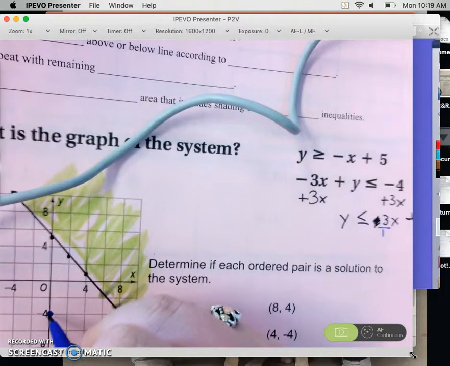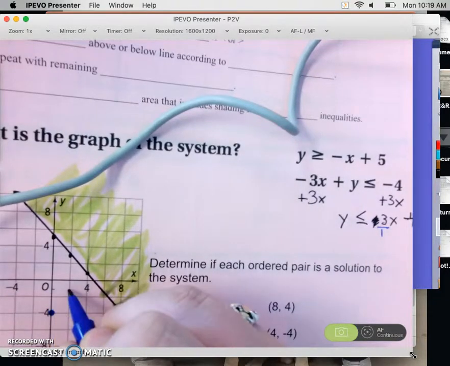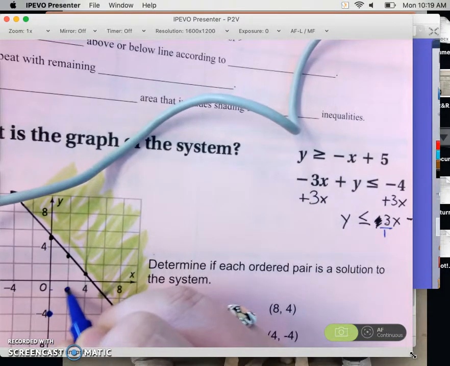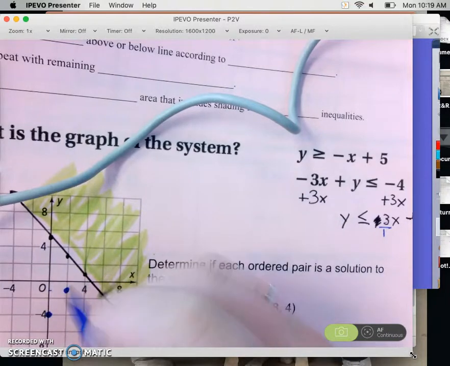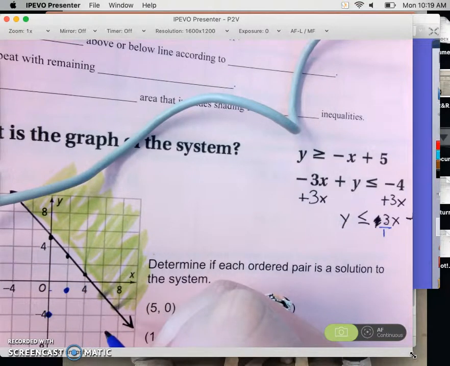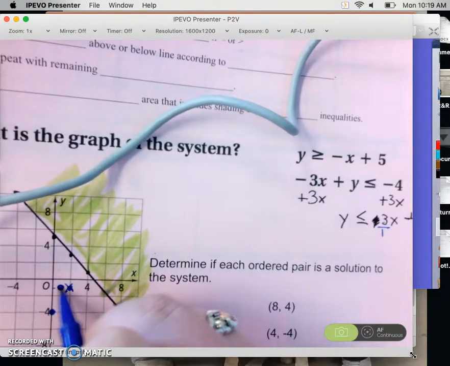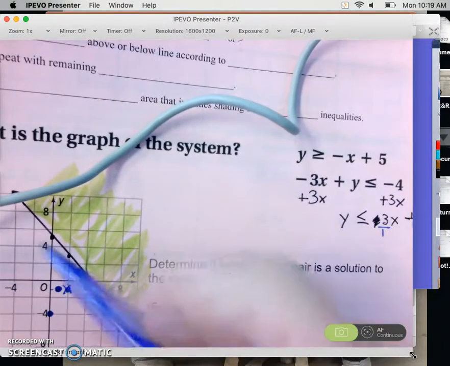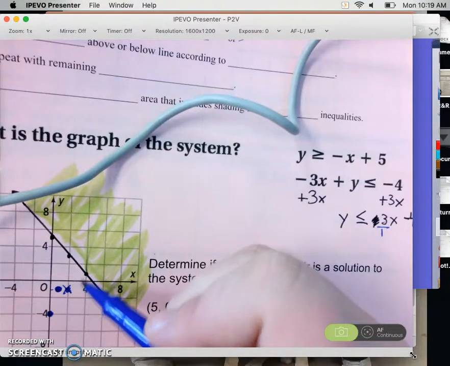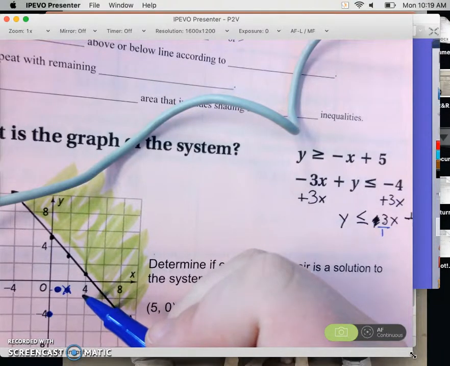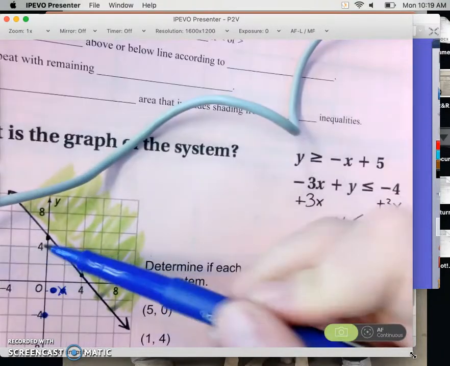So up 3 would be to the 1 and then over 1. Oh, did I go over 1? No. I went over 2. Oh, man. I think I went down 1 over 1.